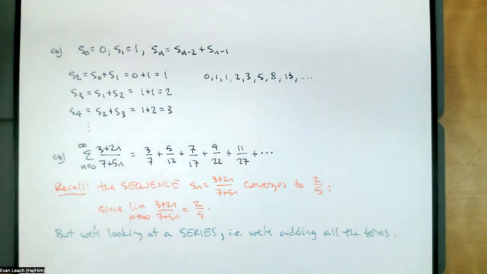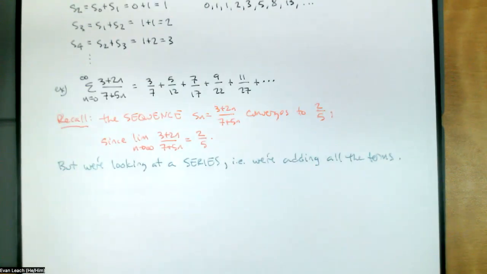We're adding all the terms, not just making a list of the terms. Not 3/7, 5/12, 7/17, and so on. It's 3/7 plus 5/12 plus 7/17 plus 9/22 plus 11/27 and so on.